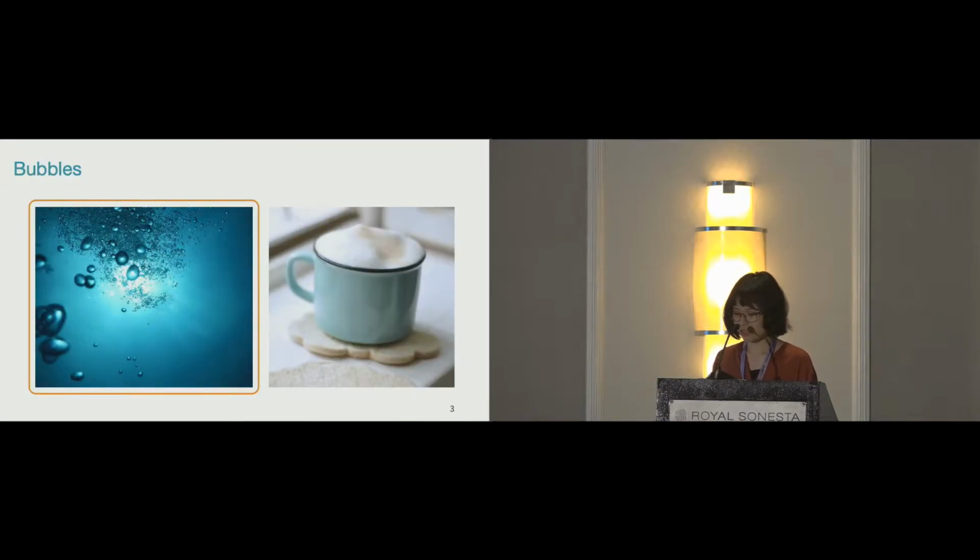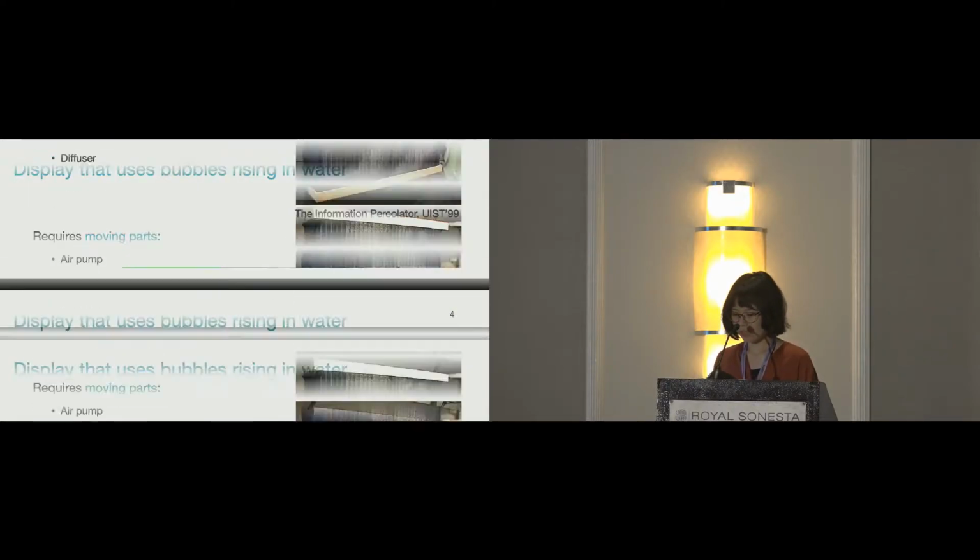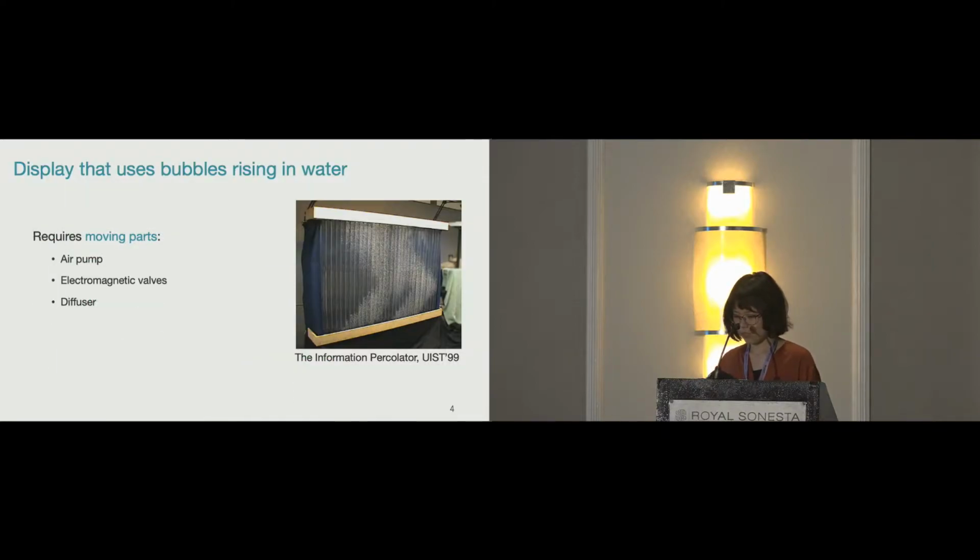There are some researches to present dynamic information using rising bubbles in the water. The information percolator shown in the photo is a display that uses bubbles rising in the water. A lot of transparent tubes are lined up, filled with water, and air is sent from the bottom of the tube with an air pump, and the display is realized.